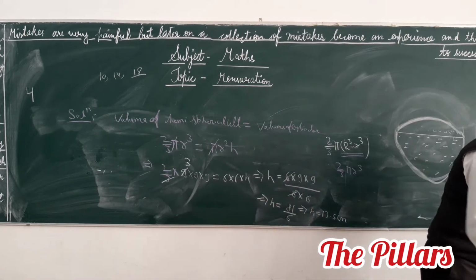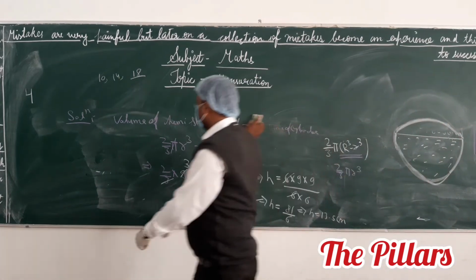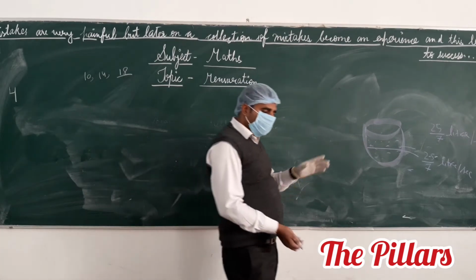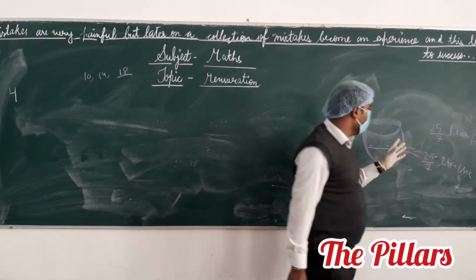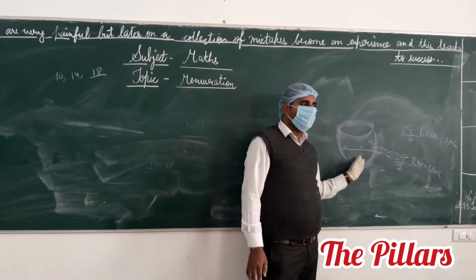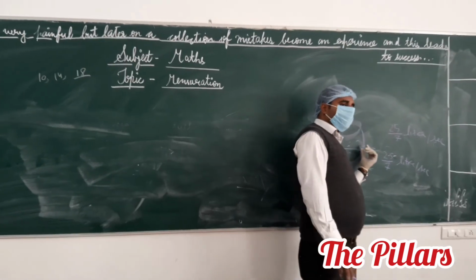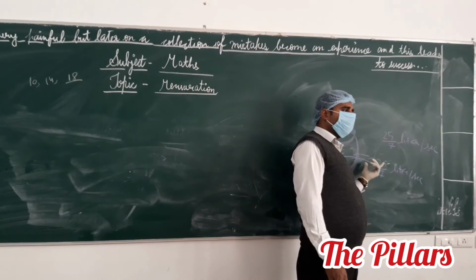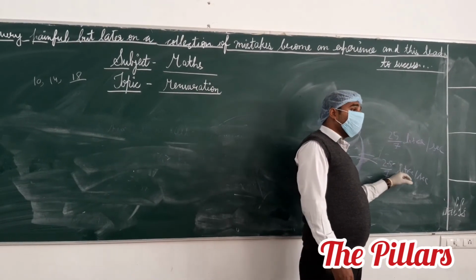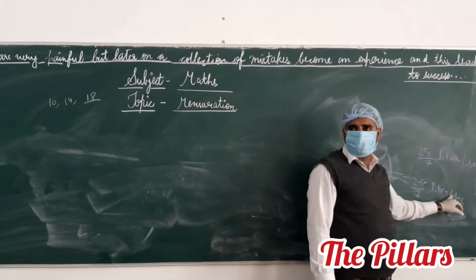Solve question number 20. You see in that question a hemisphere is given, and by some cross section the water comes out. The coming out rate is 25 by 7 liter per second. This is the rate of coming out of the water.